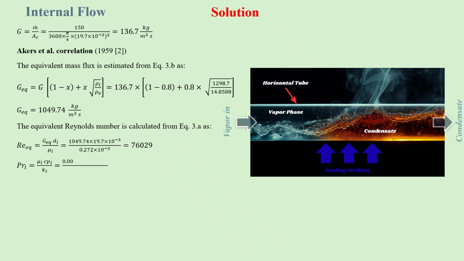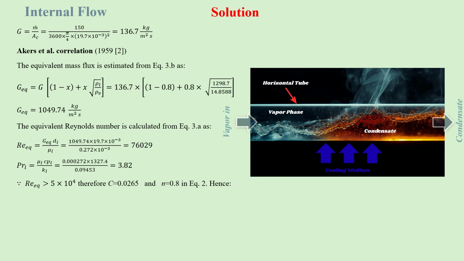For the Prandtl number of the liquid phase, we have to use the liquid thermal properties, so the Prandtl number of liquid equals 3.82. And depending on the limit of Reynolds number, we have Reynolds number equivalent greater than 10 to the power 4. Then, according to Akers et al., C equals 0.0265 and N equals 0.8.